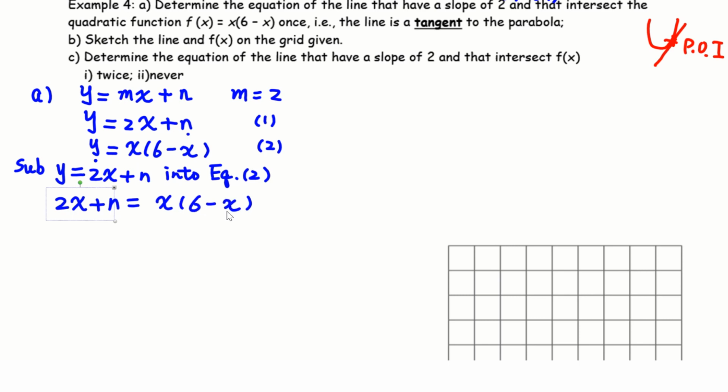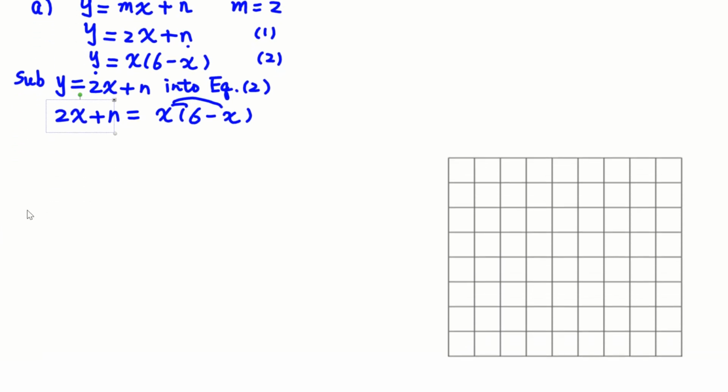In order to solve a quadratic equation, we need to move everything to one side. So we are going to expand: x times 6 is 6x, and x times negative x gives you negative x squared. Then equals 2x plus n.